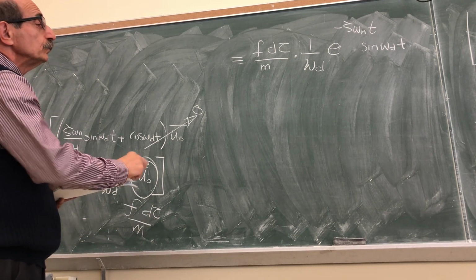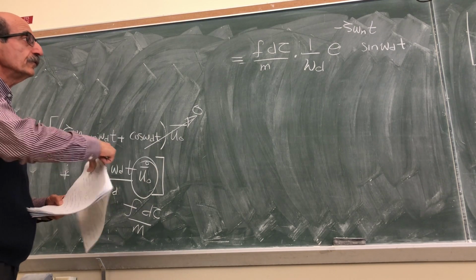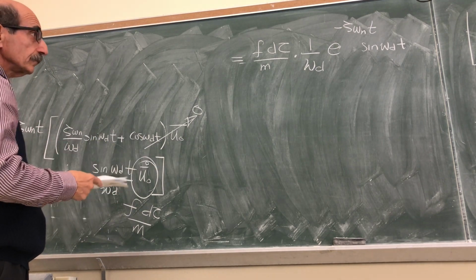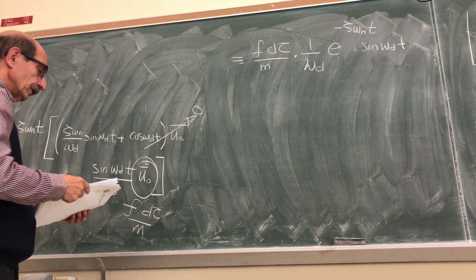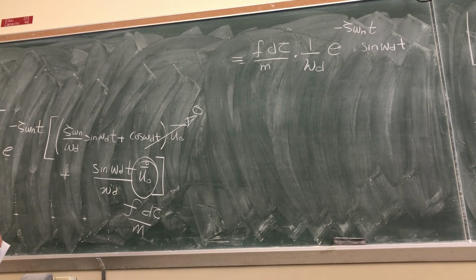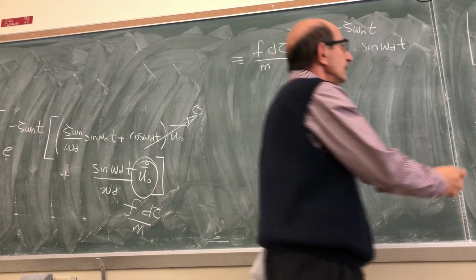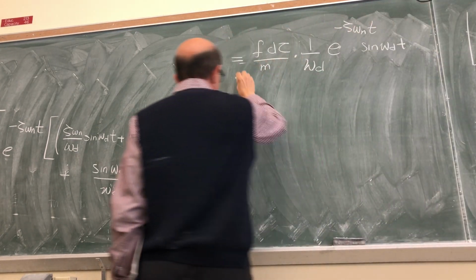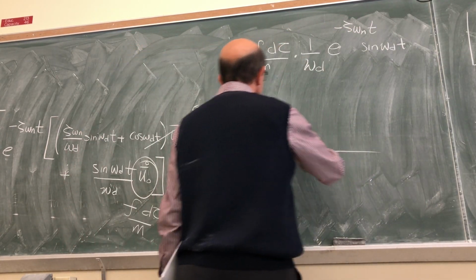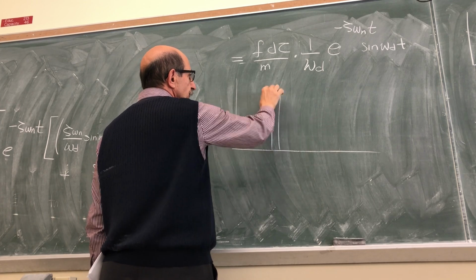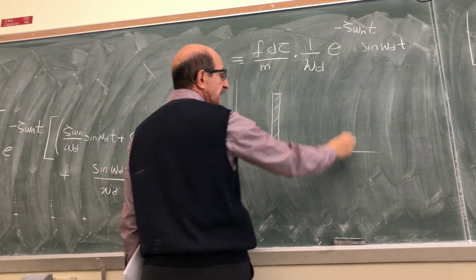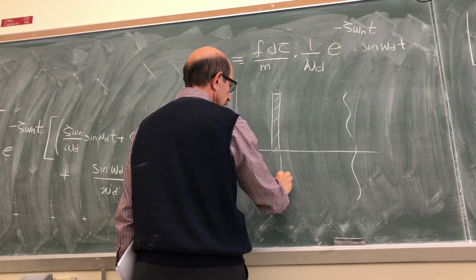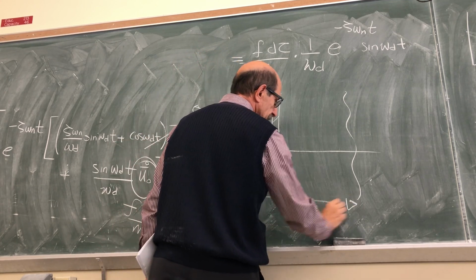But what is this? This is the response of the system right at that moment when the initial velocity is applied, right? But that's not what we are interested in. We want to look at the response of the system at any point here, where this is t.